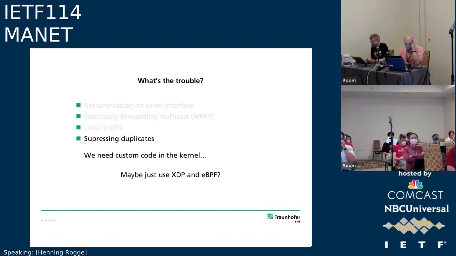Wait a moment, what about new toys? There's something called eBPF, for a number of years now. Extended or enhanced Berkeley Packet Filter. It's some kind of virtual machine in the Linux kernel. You can push code into the kernel and do some custom stuff without writing a kernel module.